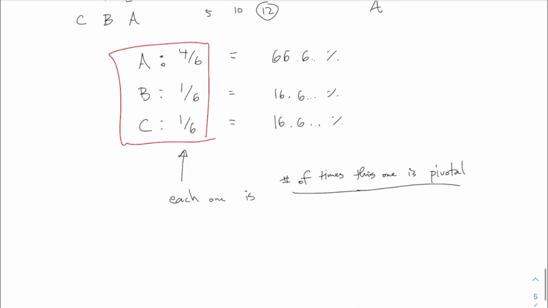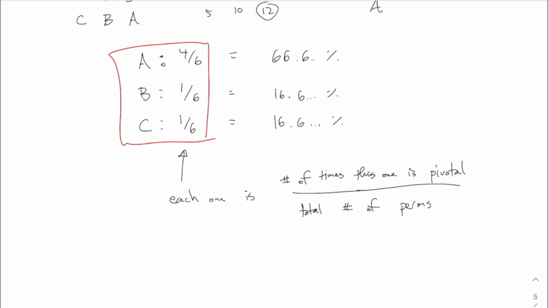That's why A has the numerator, the number on top, of 4. And then the bottom is the total number of permutations, which was 6 in this case. All right? That's how you write your final answer with the Shapley Shubik. If you want, you can reduce the fraction or write it as a percentage, but I don't care about that.